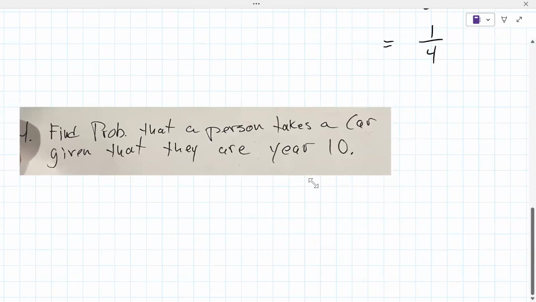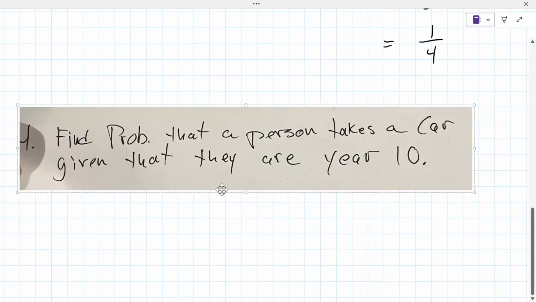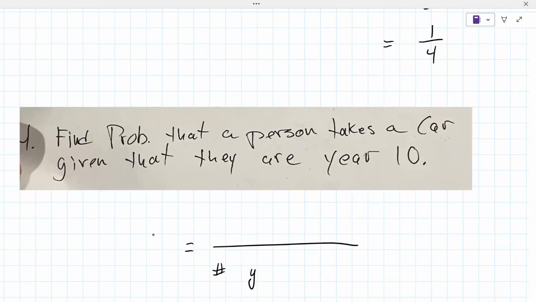Find the probability that a person takes a car given that they are year 10. So it's kind of the same deal. It's the number of year 10s that take a car. So figure out those values.